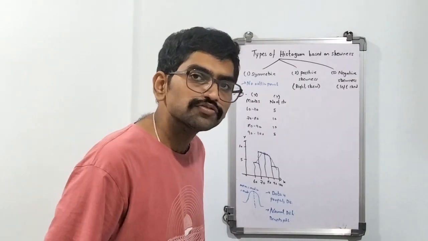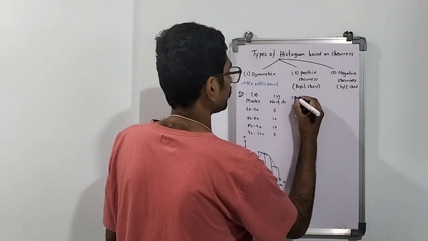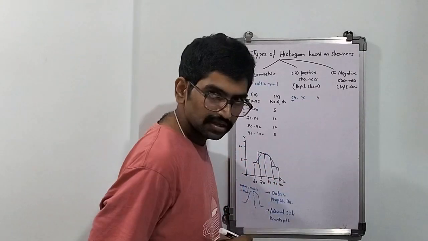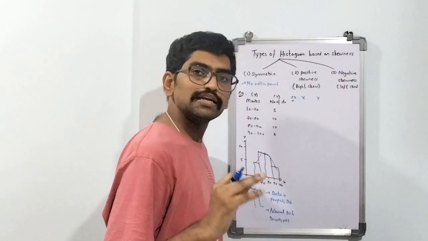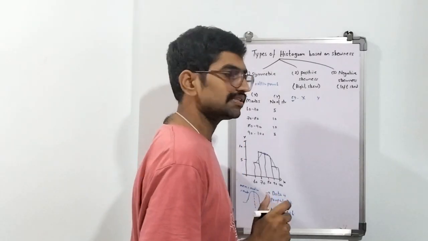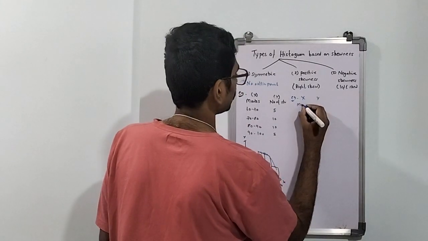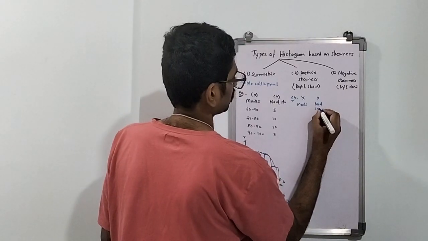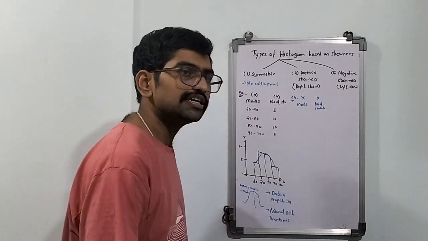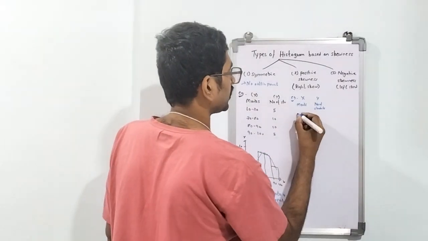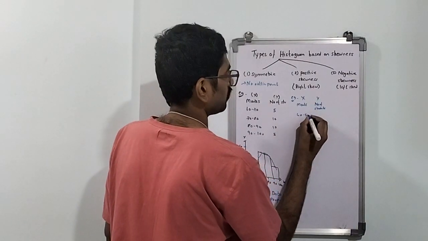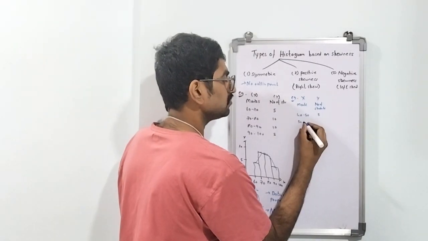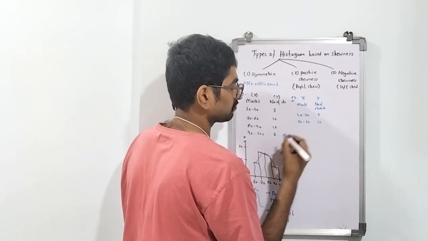But to explain the positive skewness, I will take one very good example. Let's say here X is this, Y is this. We will take the example of marks only, and here we write number of students. Now let's say from 40 to 50, 5 students have got marks. From 50 to 60, 10 students have got marks.